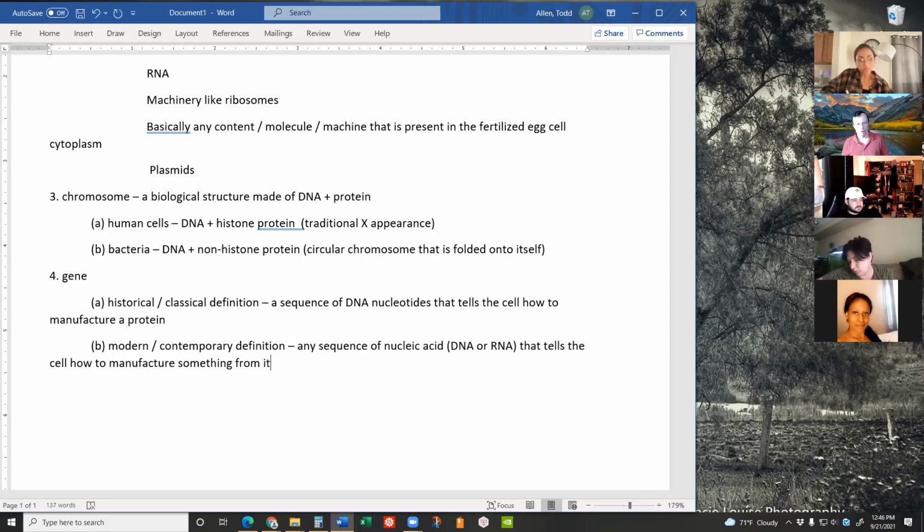In the chat window, the definition that Kit gave for a gene was something that codes for something. So when you see the language codes for, what the heck does that mean? It means that the molecule contains information that allows the cell to make something from that information.